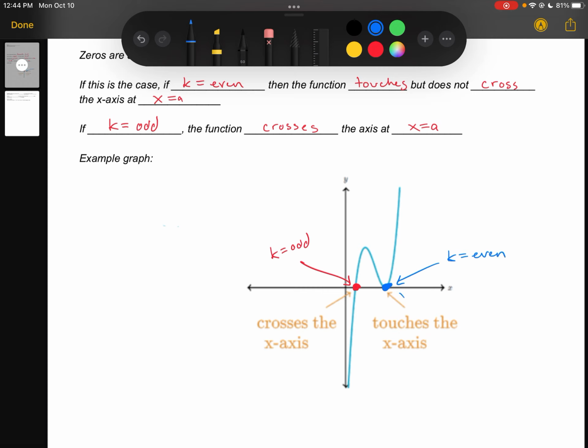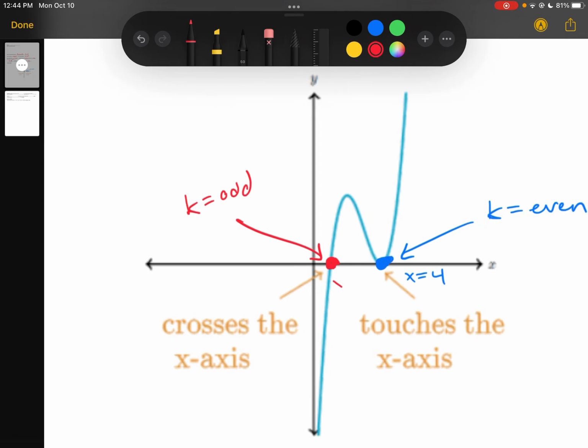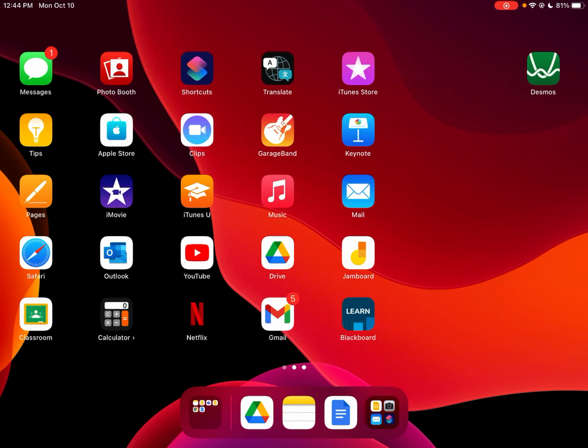So let's say in this circumstance that x equals 4 in blue and x equals 1 in red. Then we know that our factored form is going to be x minus 1 just once, or 3 times, or 5 times, as long as it's odd, and then x minus 4 at least twice, maybe more. So let's take a look at Desmos and see what happens when we go through this process, like x minus 1, x minus 4, and so on.